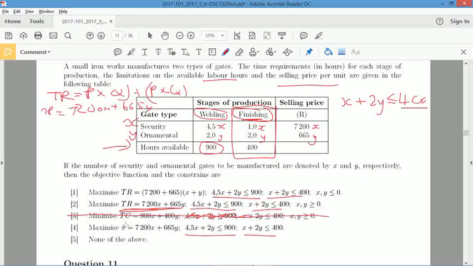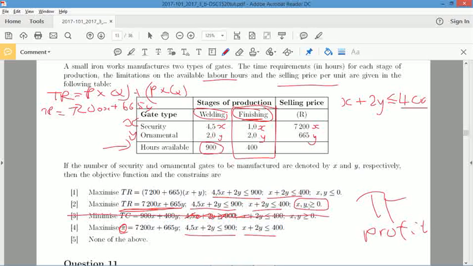Now this one, 7200x plus 665y, is looking at profit. That symbol is representing profit. When you see that pi symbol, it's just a lazy way of writing the word profit. So that wouldn't be correct, so that will be out. So 4 is out, 1 is out. Now we're choosing between 2 and 5. Do we have this?